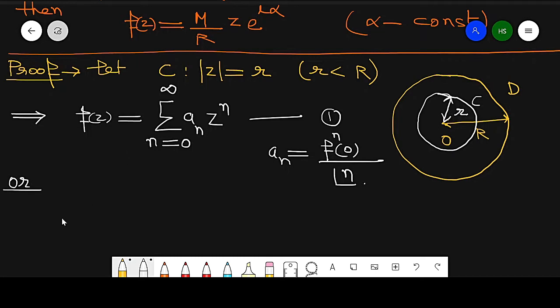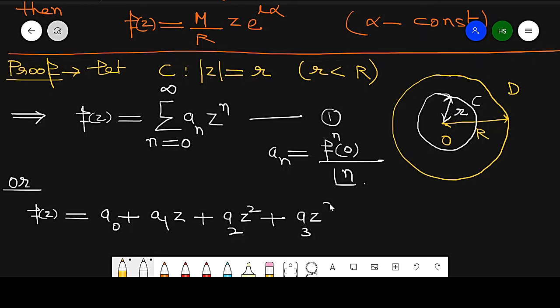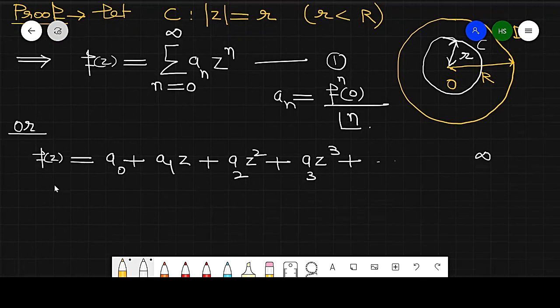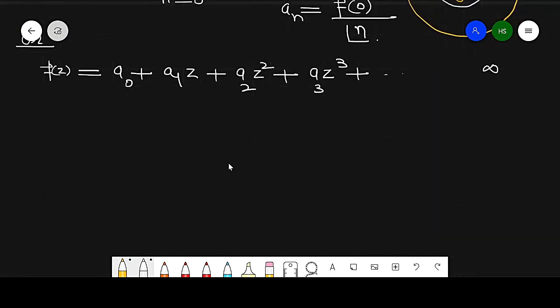Now this can be written as f(z) equal to a0 plus a1 z plus a2 z square plus a3 z cube and so on up to infinity. So this is my expansion of function f(z) around origin.